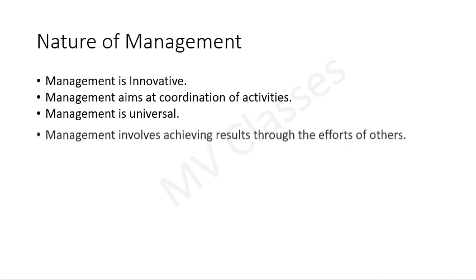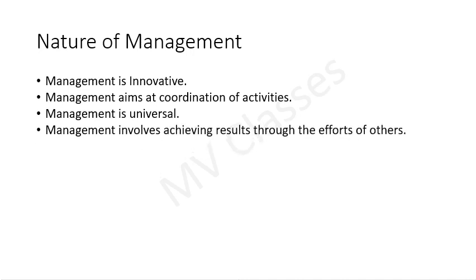The next one is that management involves achieving results through the efforts of others. That means managers have to allot some duties to the other people who are working for the organization, and they have to make efforts. So management is basically the art of getting things done through others.